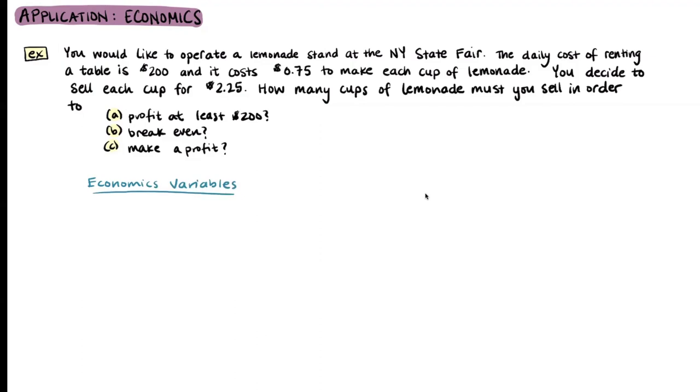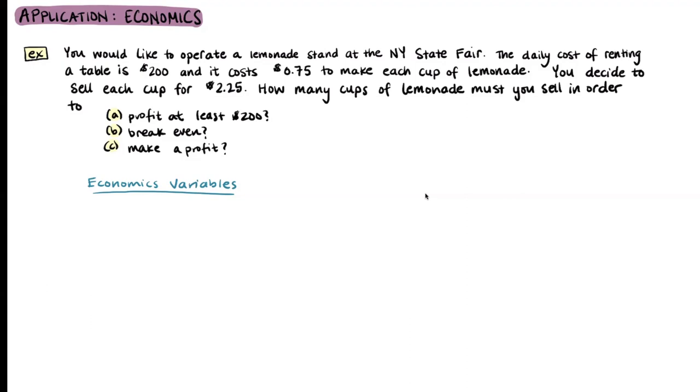Variables in math means that it's something that can change. In all of these cases, we are going to have an object that's being sold. A lot of times you want to find how many, in this case lemonade cups, you must sell in order to reach some goal. That can vary, so we need a variable that is going to represent the number of items that are made and sold.